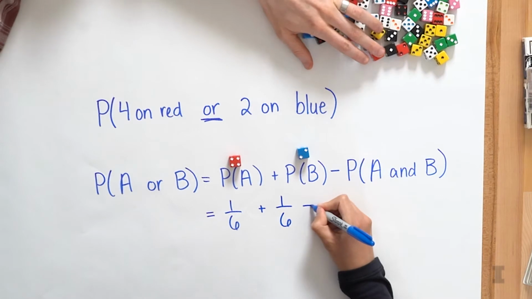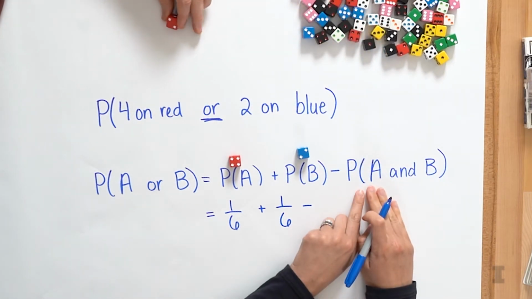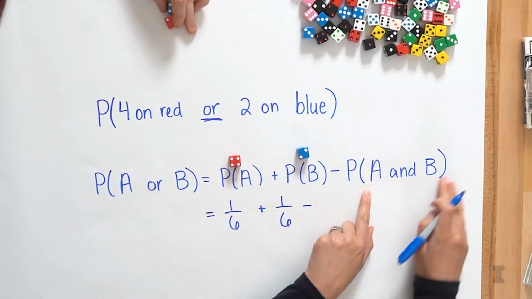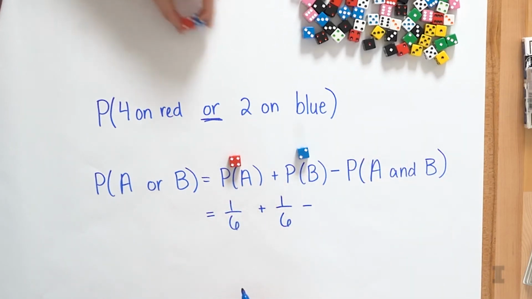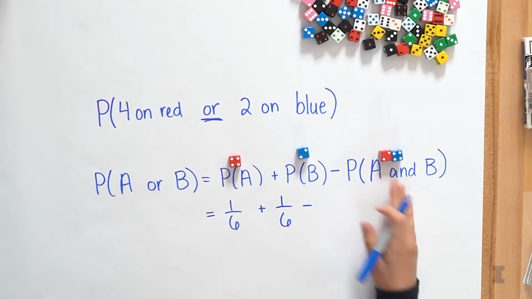And then the question is, is this probability non-zero? Can we get a 4 on the red and a 2 on the blue? Is this a non-zero probability? So I have both of them happening right there. Perfect. And we know that this is possible, right?